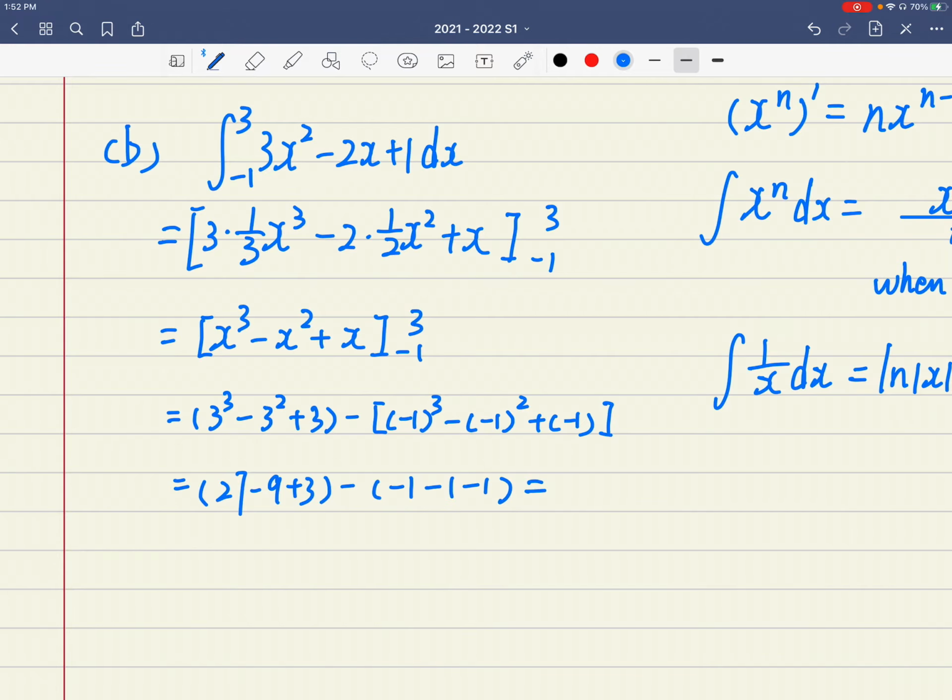The result is 24. Here it's 18 plus 3, it's 21, and here it's minus -3. So the result is 24. Do you have any questions for this part?